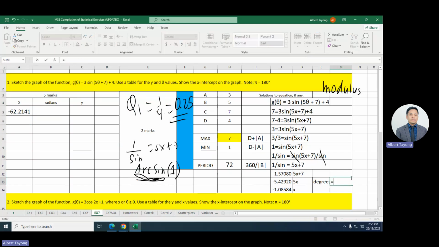From here, equals degrees of this. Negative 62.2141. Did you get negative 62? Again, how to get negative 62: equals DEG, degrees of this.